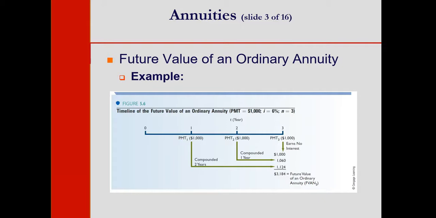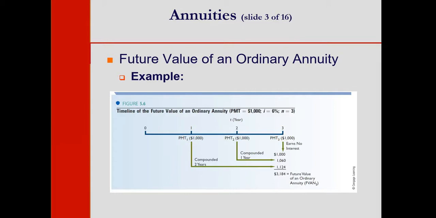But you always need to understand the timeline correctly. If you are investing $1,000 at the end of your first period, that means you are investing on this date. So how many times will it get compounded until the very end when you want to calculate the future value? So this amount which is being invested right here, it will compound just 2 times. Okay, that's how we calculate it.